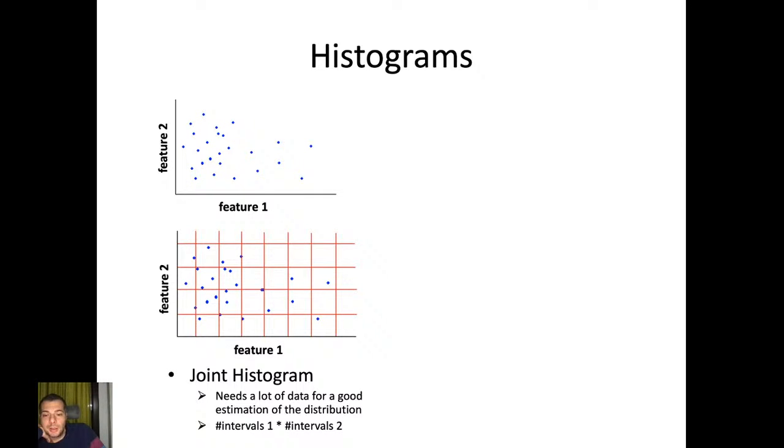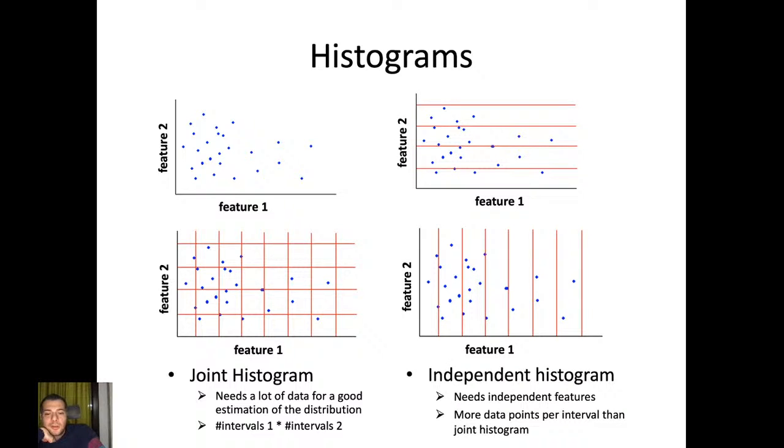So we can use different approaches to build histograms and to think of different features. If we want to obtain better results, we can use either a joint histogram of these two features, where we count how many instances fall in each bin, or in this case we have independent histograms.